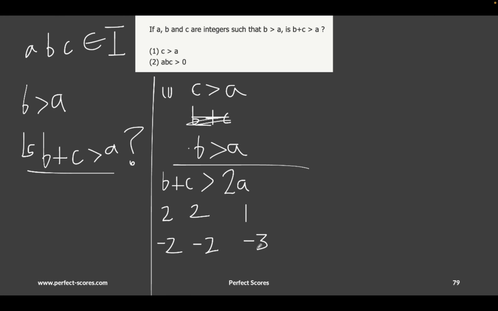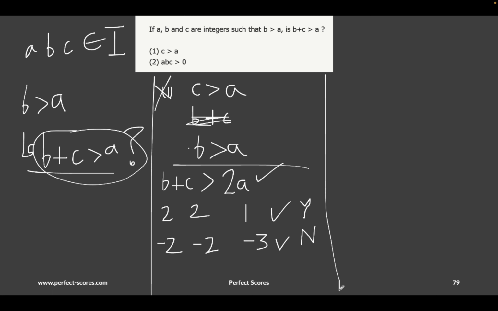Well, yes, because negative 4 is greater than negative 6. Is B plus C greater than A? Well, no, because B plus C is negative 4, which is not greater than negative 3. So I'm able to satisfy the given condition, but this is giving me a yes here and a no here, so that means this statement is insufficient.